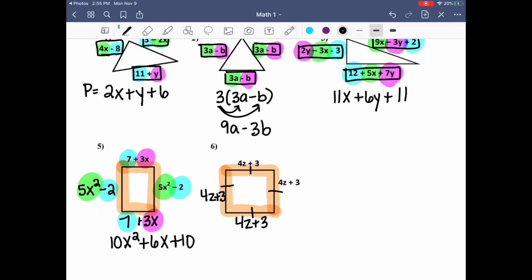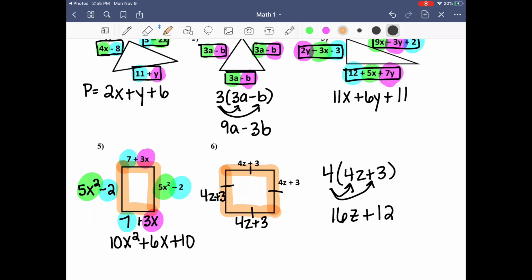I can conclude that all 4 sides are congruent, and I can say 4 times the side length. So 4 times 4z, 4 times 3, that's going to be 16z plus 12, which again, if I combine them all together, 4z, 4z, 4z, and 4z gives me 16z, and then 3, 3, 3, and 3.